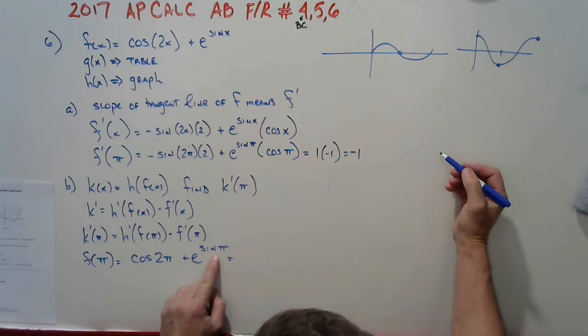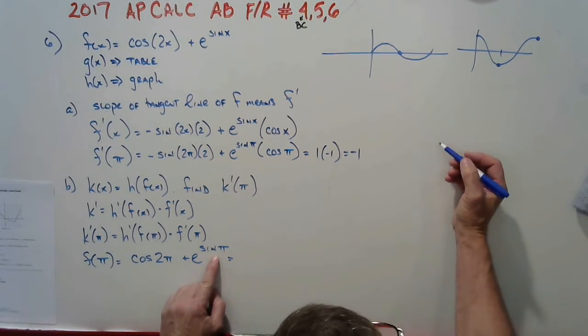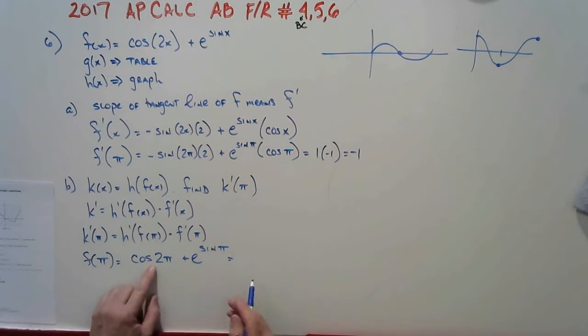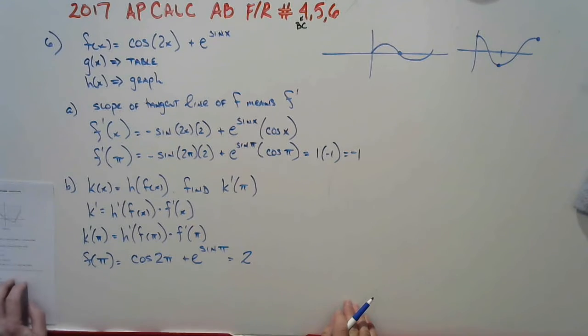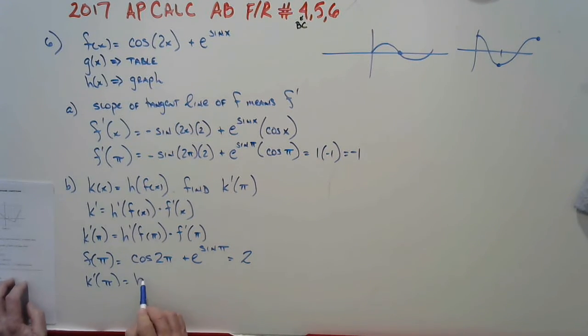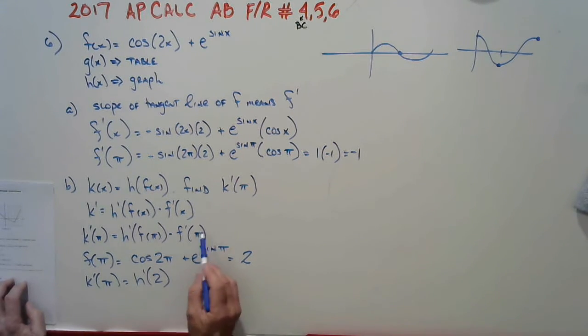I get sine of pi, right? Sine of pi is 0. So this is 1 plus 1. This is going to equal 2. So what do we get? Going back here now, we have k prime of pi equals h prime of 2, right? Because f of pi was 2, times f prime of pi, which we said was -1.